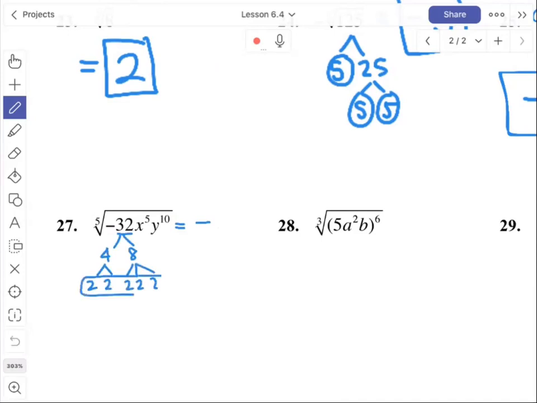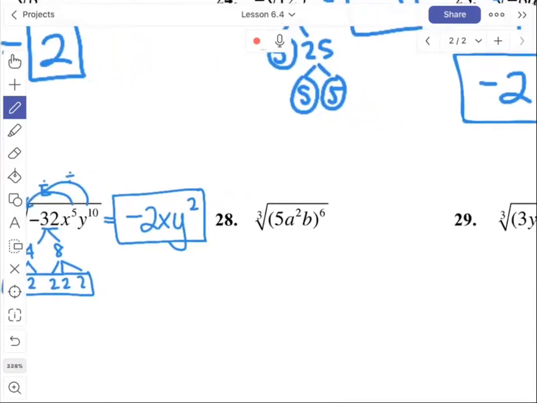So that's 5 2s. I can take out a 2. Divide the exponent, and I just get x to the 1st power. Divide the exponent, and I get y to the second power. Don't need to think about absolute values because again, the index is odd.